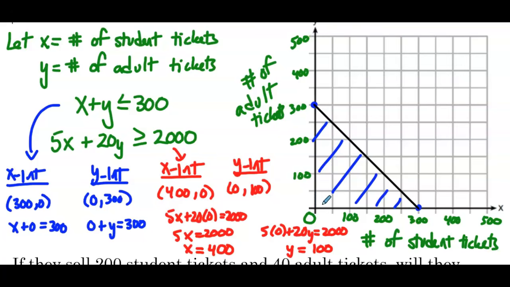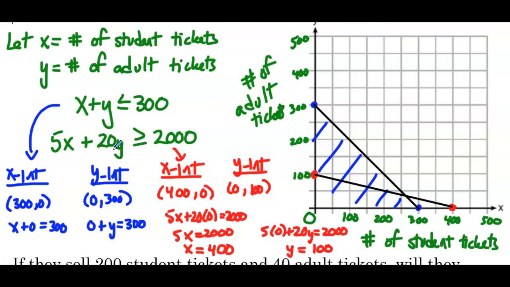And then we'll graph the next inequality, so 400, 0, and 0, 100, connecting those points with a line and shading the solution set. So if I test the origin, is 0 plus 0 greater than or equal to 2000?